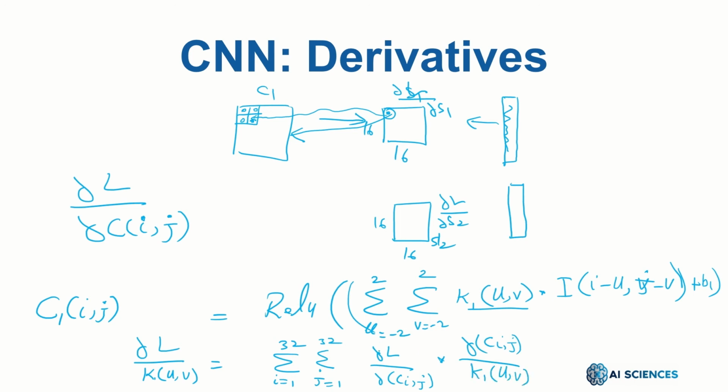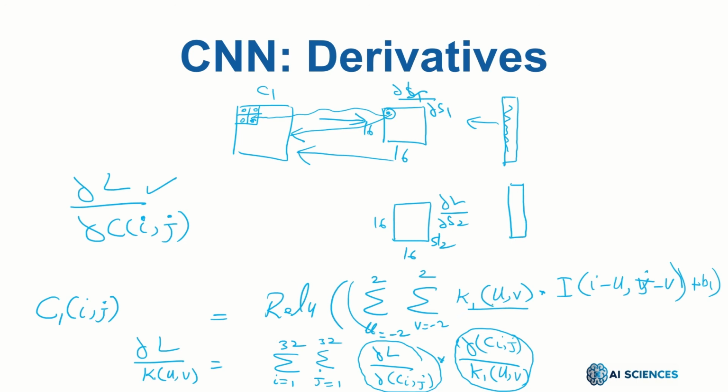And now you have already computed this particular part. All you're left with is to compute this particular part. And now you can see if you differentiate this with respect to this part, this actually goes away.